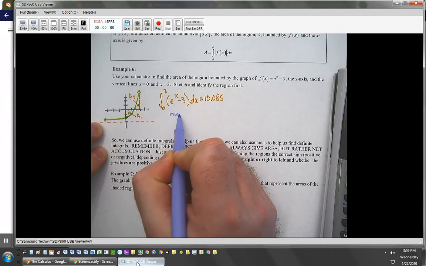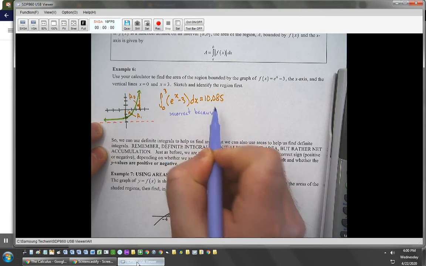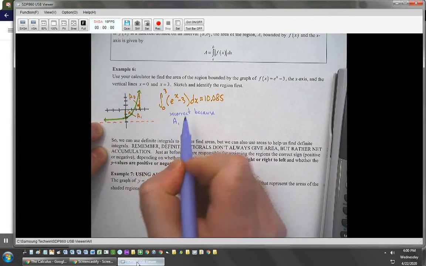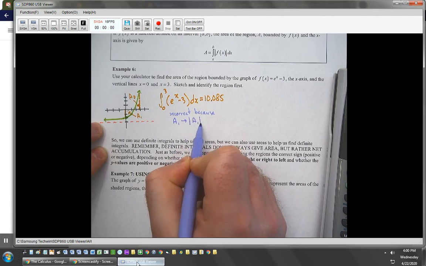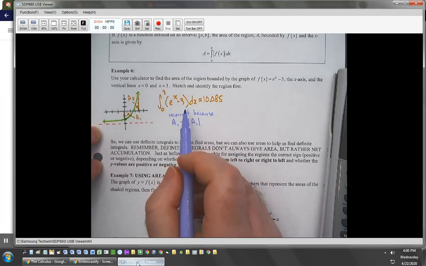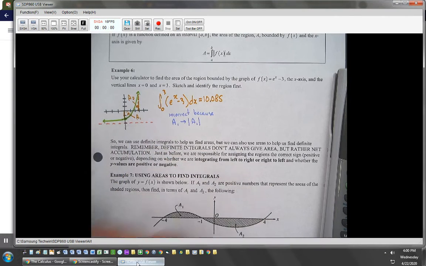This is incorrect because A1 should be the absolute value of A1. You know what I mean? We need to take this area here and make that area positive and add those two areas together.